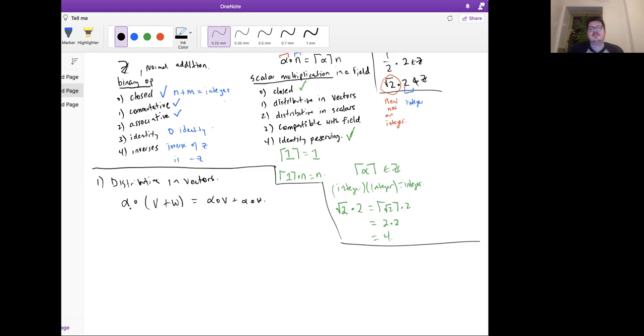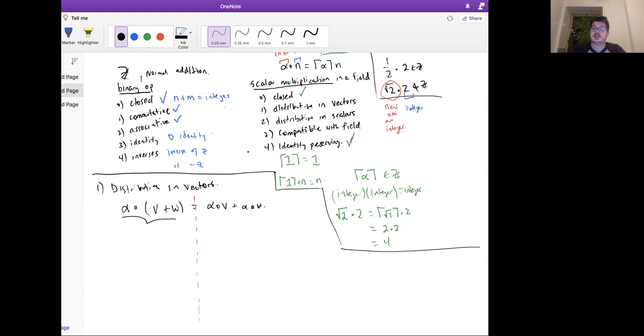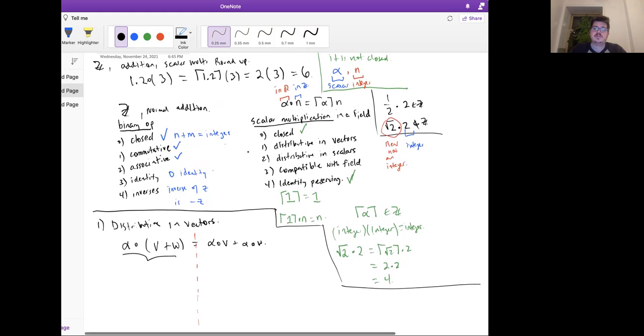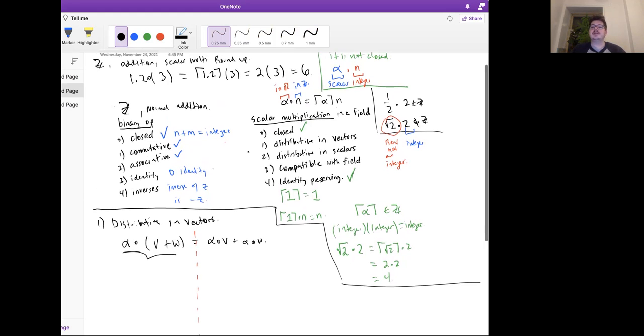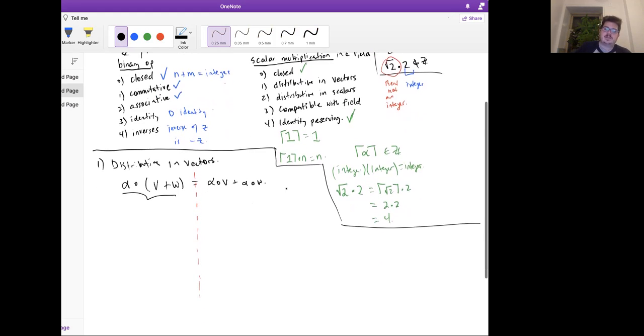So what does the multiplication do again? We don't know if this is true, right? So now we're using the definition of our scalar multiplication, which we defined above. So what is it? Yeah, ceiling and then multiply by v plus w.